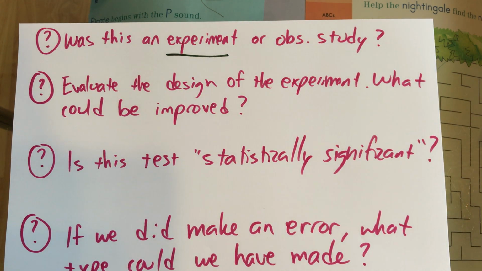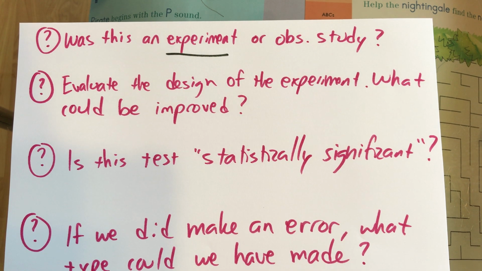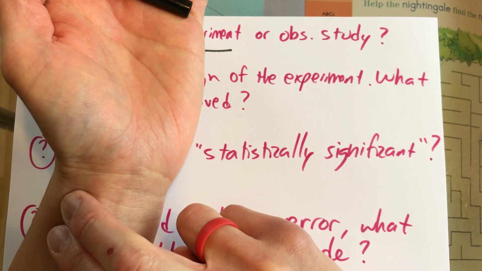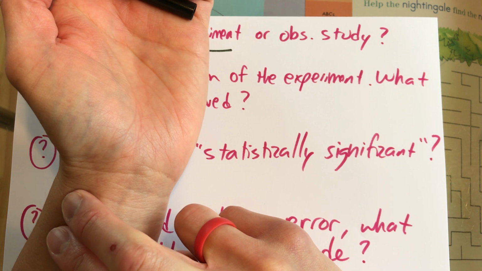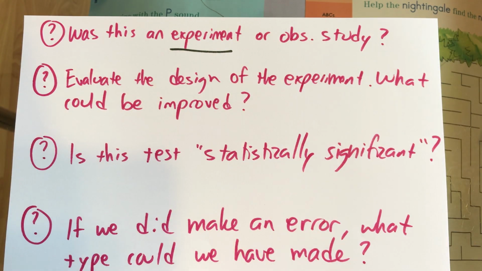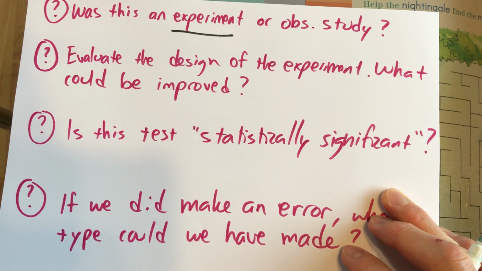Why is it an experiment? Because I told you what to do. I said you had to take your pulse while resting, and then do 20 jumping jacks, and then count it again. I controlled that, right? And only people who watch my video could do it.